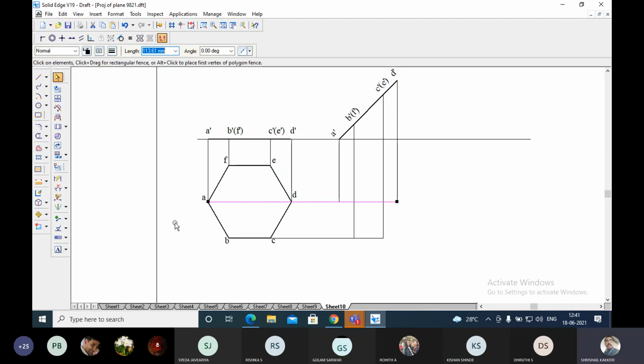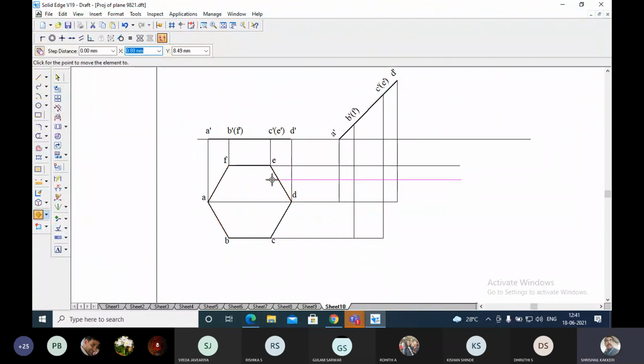Move from this point, locate at the end of this one. So E and E, they are meeting at this point. So let me remove this line. E and E, and F and F, it is coming here, and finally A.